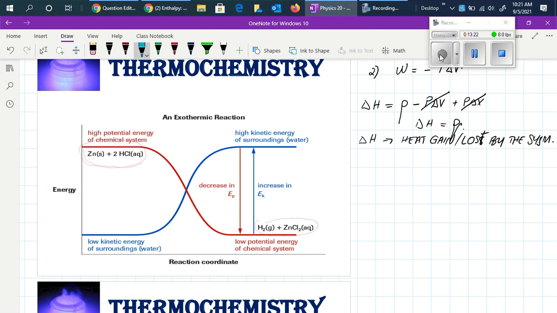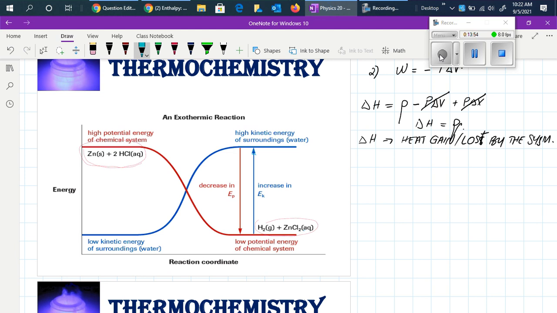What is happening here in our graph is that the potential energy of the chemical system is decreasing. The same decrease of the potential energy is going to increase the kinetic energy of the system.